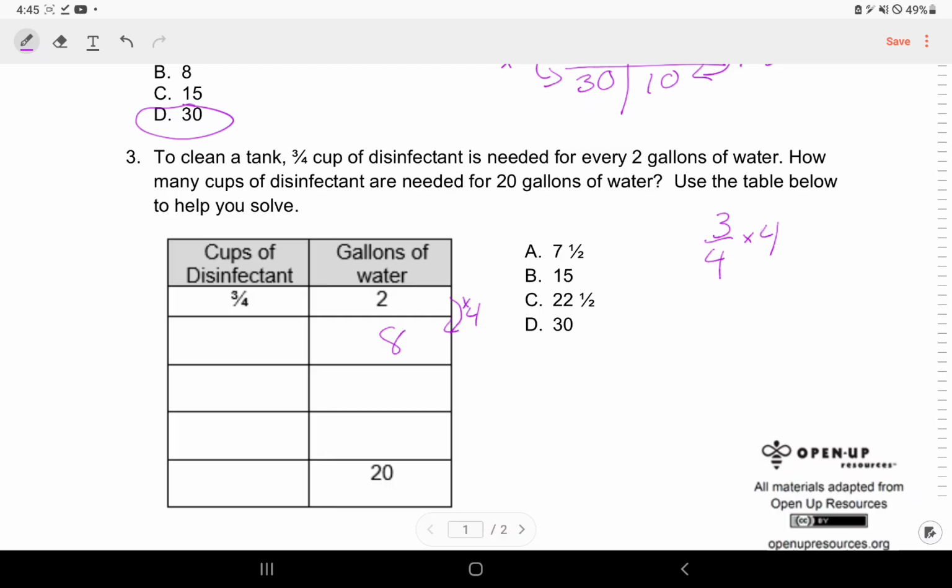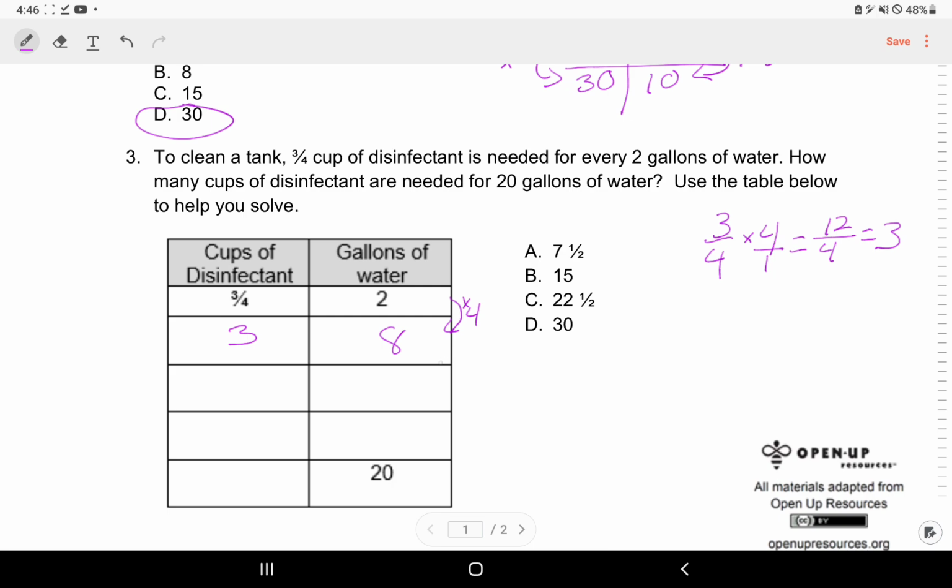And so this times 4, that's just 4/1. So that's 3 times 4 is 12, 4 times 1 is 4, and 12 divided by 4 is 3. So now you're there.